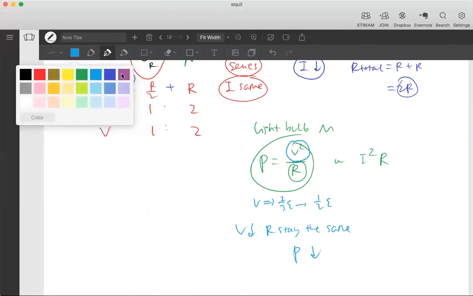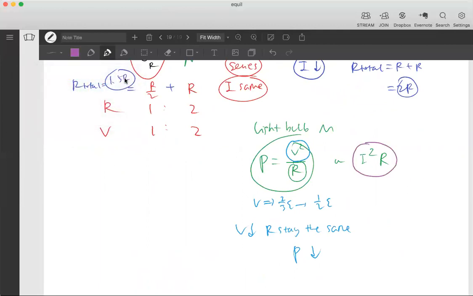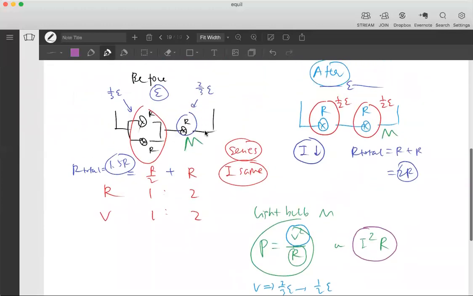Or if you look at the current, using I squared R, the light bulb M is in the main branch. So the current through M just equals the total current.